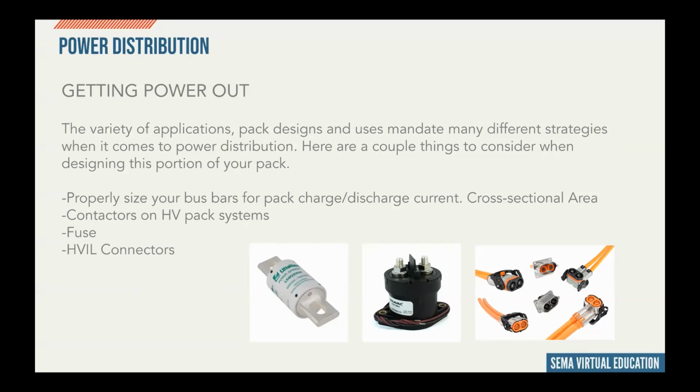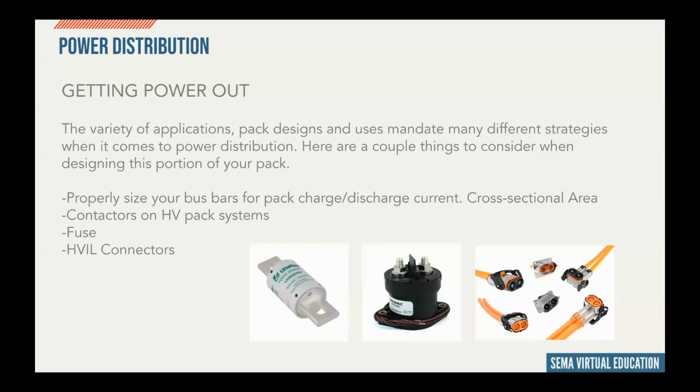Accumulating all of this current into one connector or one bus bar that connects to that connector requires proper engineering, which is based on the cross-sectional area of the bus bar. So depending on the current, there are calculations that need to be made, which is a little bit too deep for this presentation, that say that the bus bars will handle that level of current.